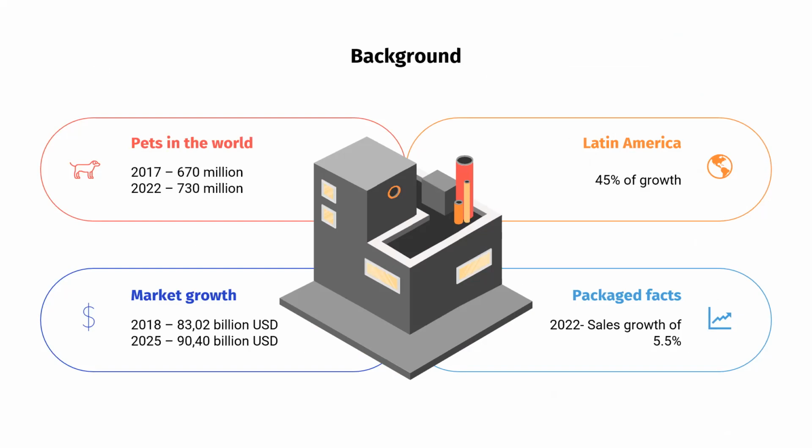For the number of pets in the world in 2017, there were 670 million pets in the world, and it's estimated that by the end of 2022, we will have 730 million pets, and 40% of this growth will happen in Latin America.